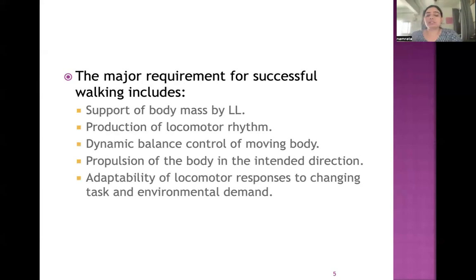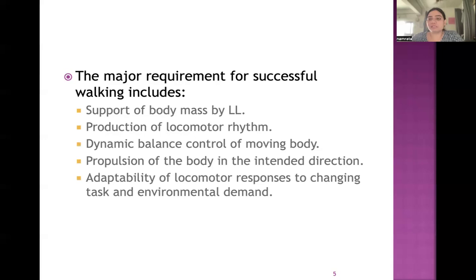The major requirements for successful walking include support of body mass by the lower limb and production of locomotor rhythm. The rhythm is also very important. If we are walking but it is not a rhythmical walk, then there might be some problem, and there are chances that we might fall or go out of balance. Then dynamic balance.